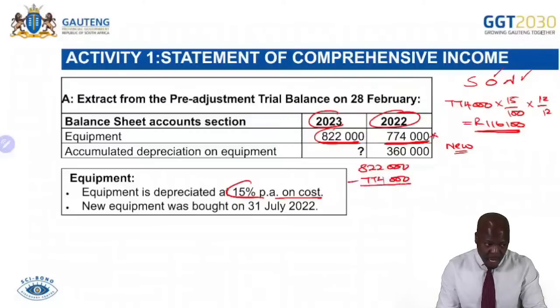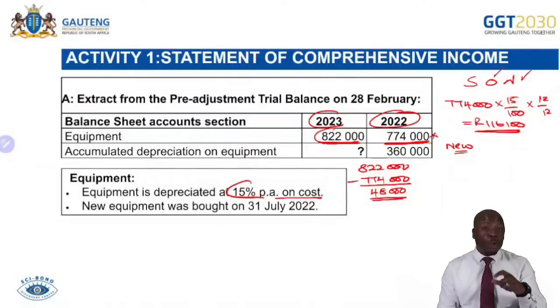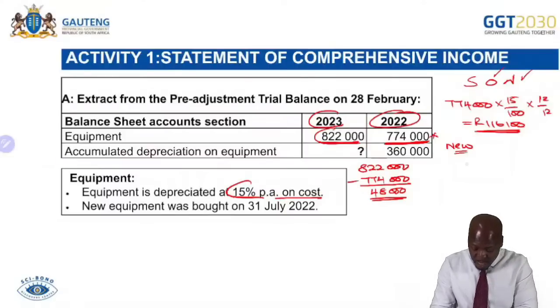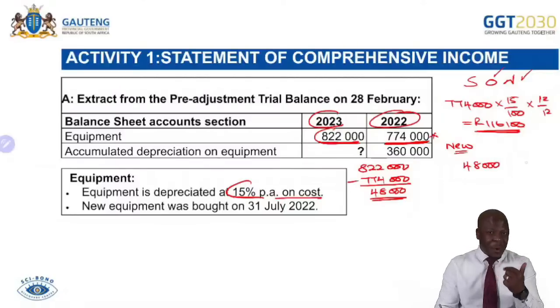The difference between these two amounts will be 48,000. This 48,000 therefore becomes the cost of the new equipment.